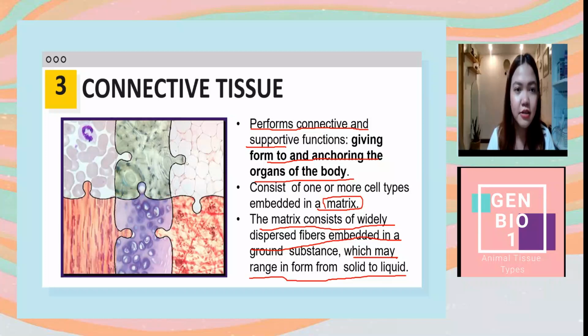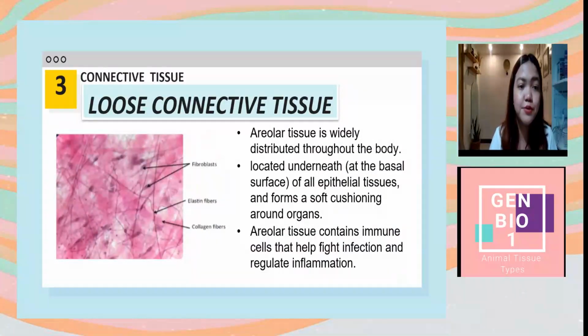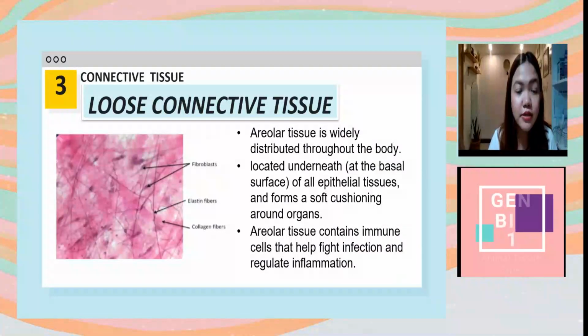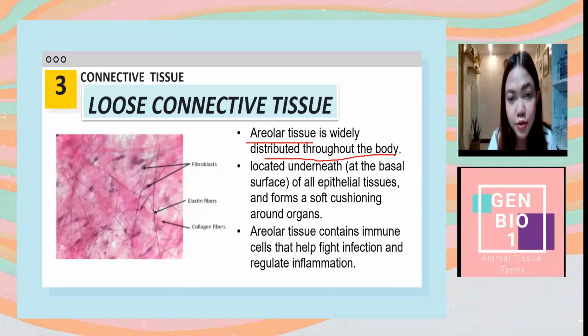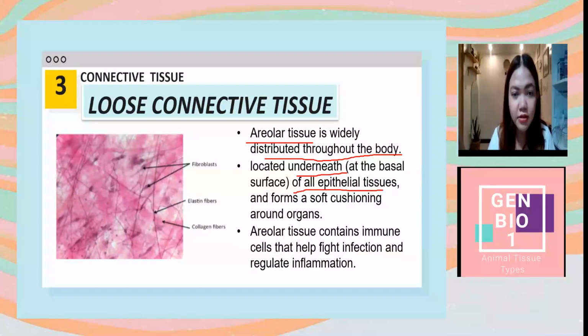The non-living parts of the matrix, we could say, are your loose connective tissue and your dense connective tissue. Your loose connective tissue is, for example, the areolar tissue, which is widely distributed throughout your body. It is located underneath all epithelial tissues and forms a soft cushioning around the organs.